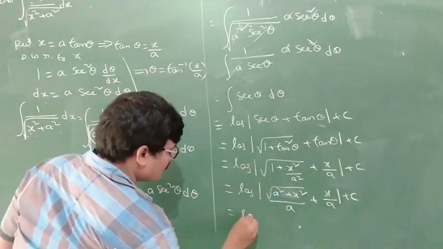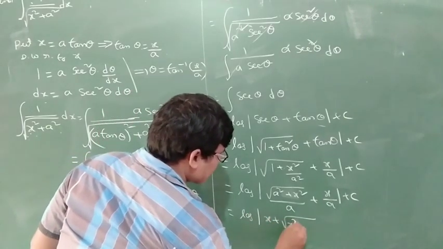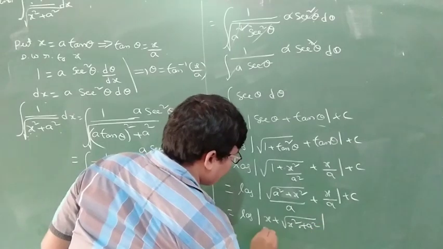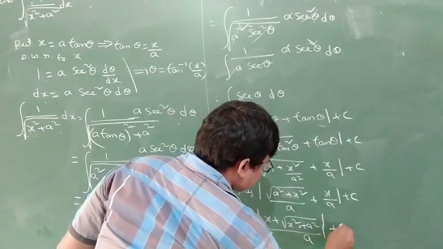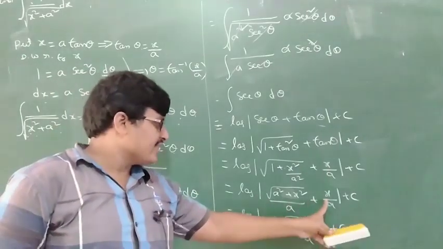So that is equal to log mod x plus root of x square plus a square by a, plus c, because of the LCM.